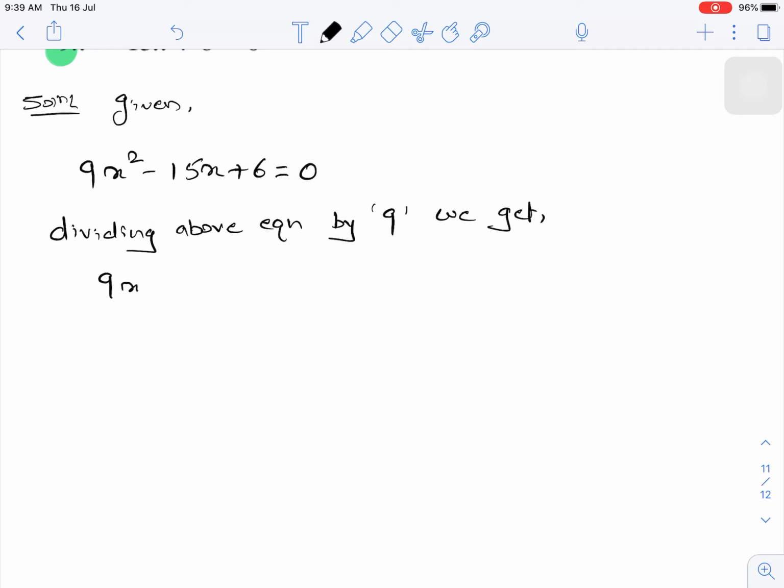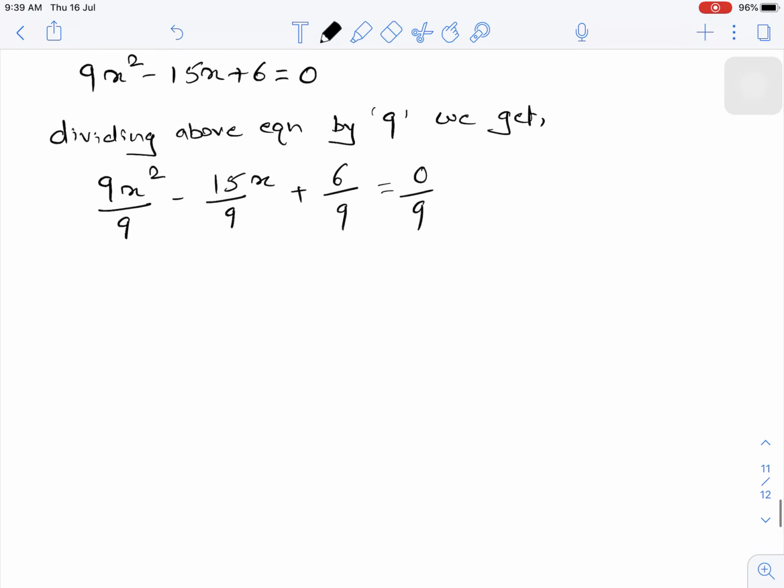9x square upon 9 minus 15x upon 9 plus 6 upon 9 equals to 0 upon 9. Remember that this 9 and this 9 will get cancelled. Now 3 3s are 9, 3 5s are 15, 3 2s are 6.